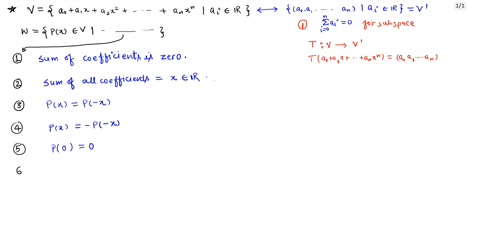नेक्स्ट, यदि यहाँ पर 0 की जगह कोई अदर वैल्यू पुट की जाए, p of 1, this is subspace or not?